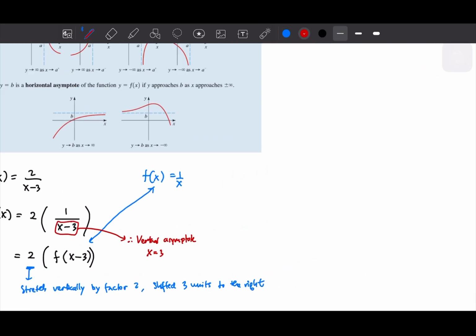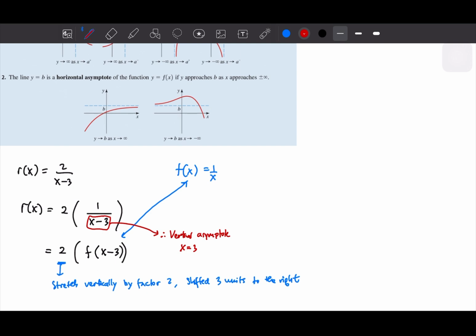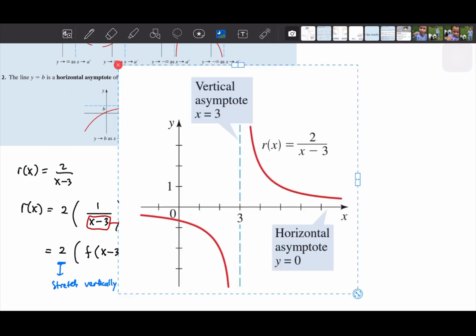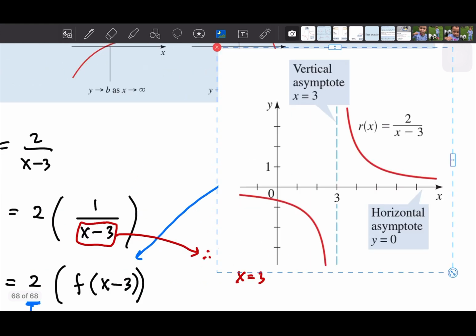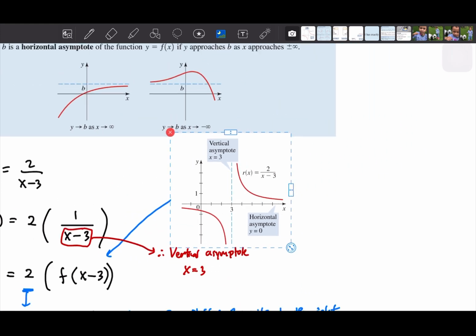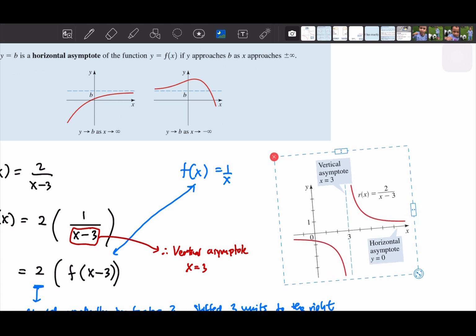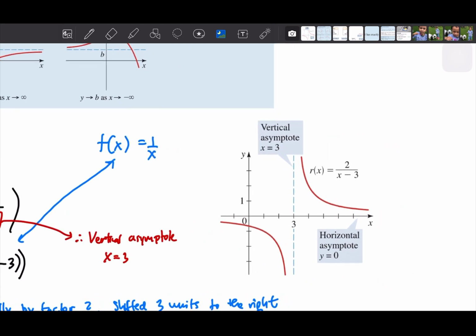Okay, and for this part we could also draw the picture of 2 over x minus 3.